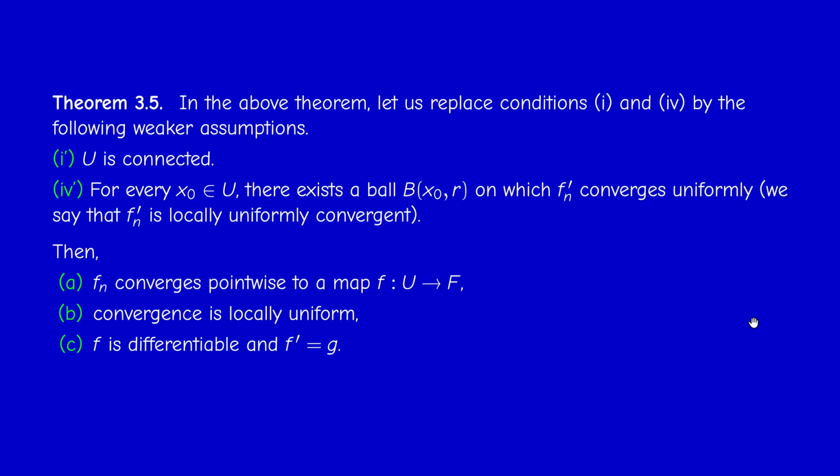And the most important conclusion is that the limit is differentiable, and we can interchange the operations of differentiation and limits. So let us first prove Theorem 3.4, the first result, and then it will be very easy to deduce Theorem 3.5, which seems better actually, because we have the same conclusion under weaker assumptions. But we will deduce this theorem from the first one.